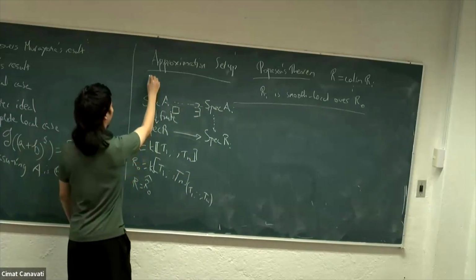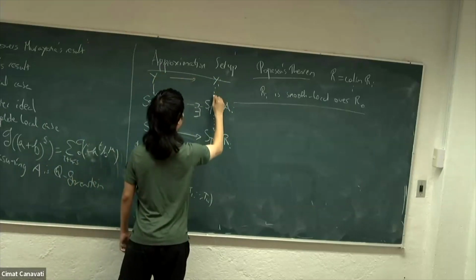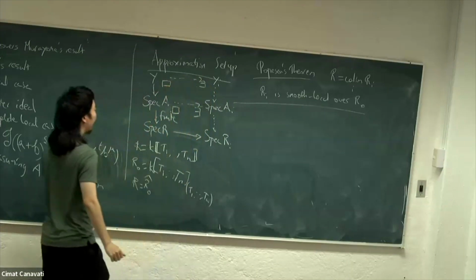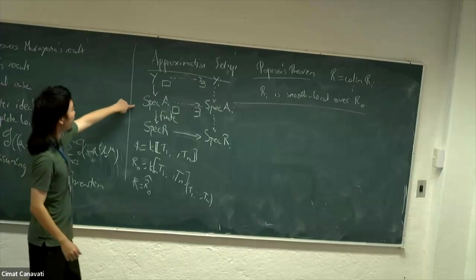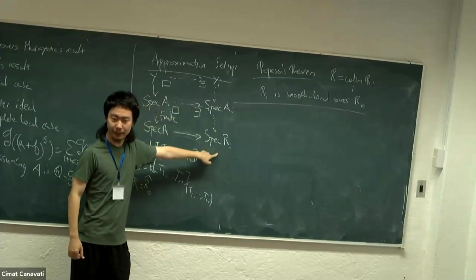And you can do that for your resolution of singularities as well. So you can always sort of descend your data, your Spec, and your resolution of singularities down to the level of the individual Ris.